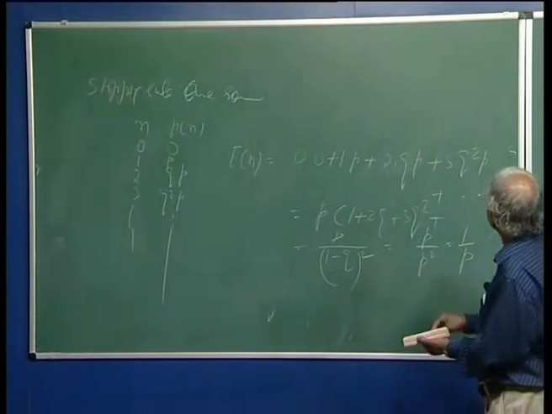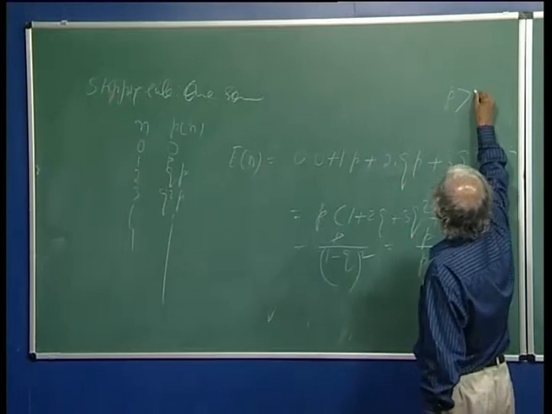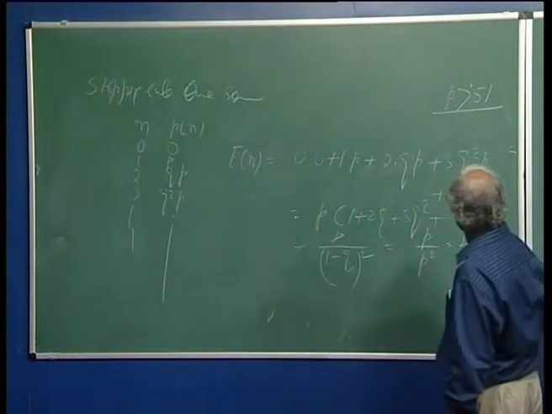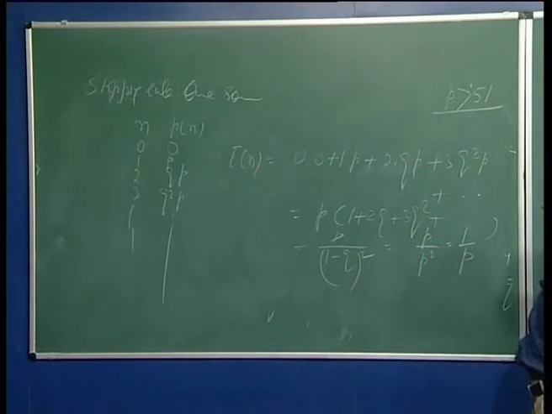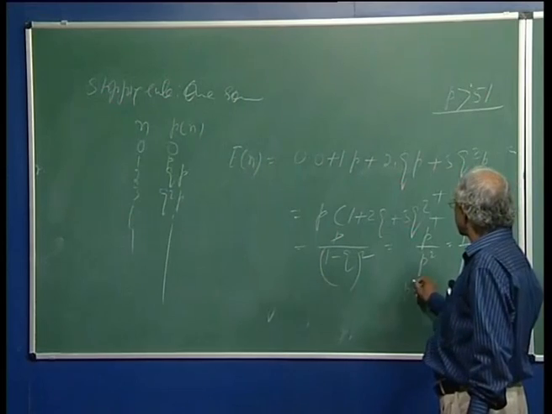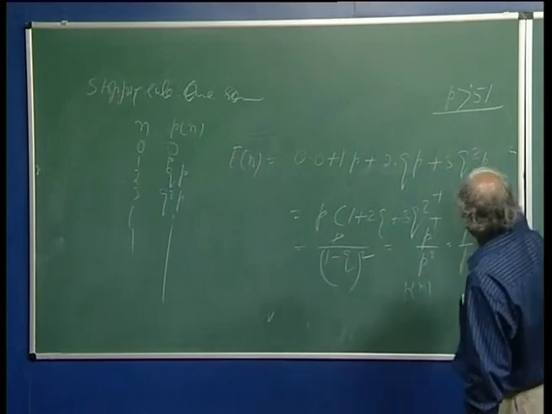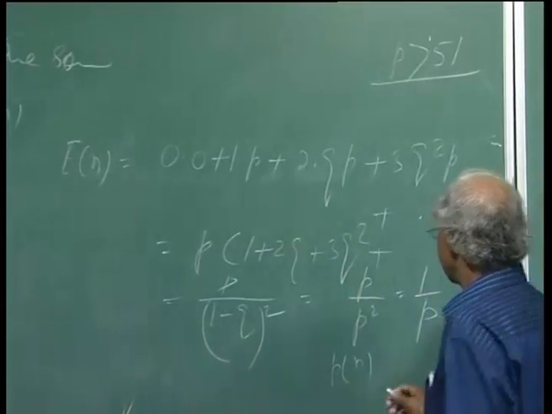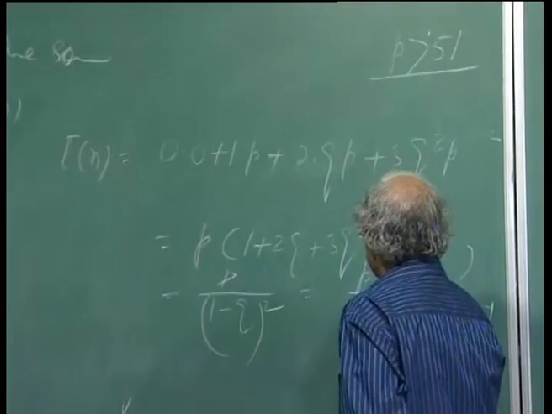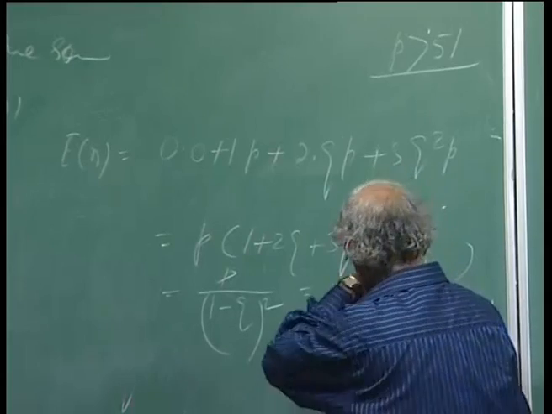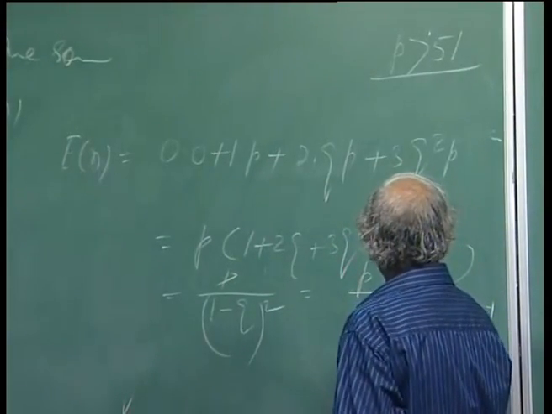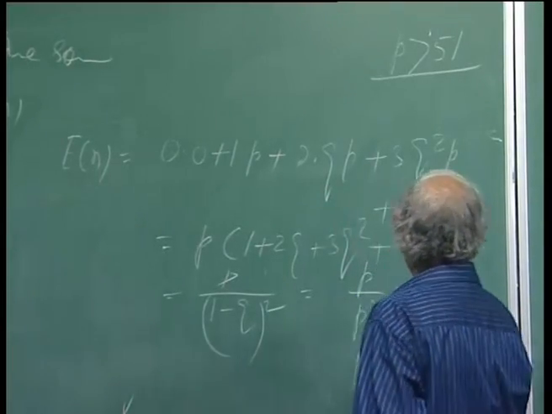If P is more than 0.5, say around 0.51, then the expected value of n, which is 1 upon P, is 1 upon 0.51. It is less than 2.